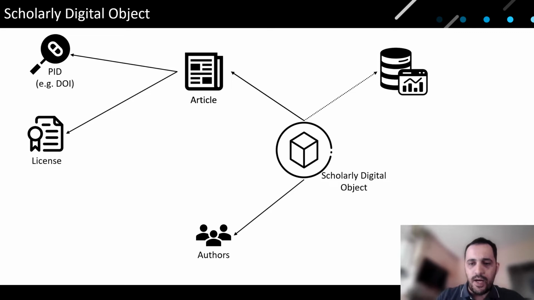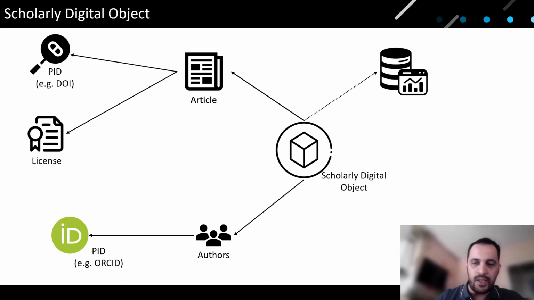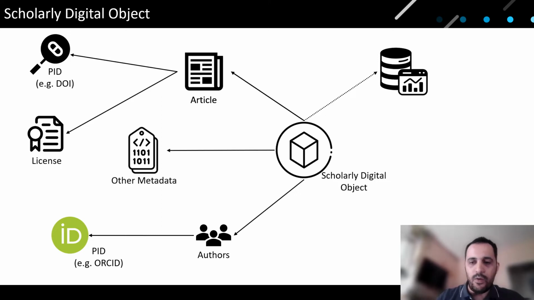In addition to the article, the scholarly object also consists of a list of authors, each of which is associated with a PID, such as ORCID, to be easily identified and distinguished among other authors having the same name. And there are also other metadata, such as the publisher and the publication date, and so on.